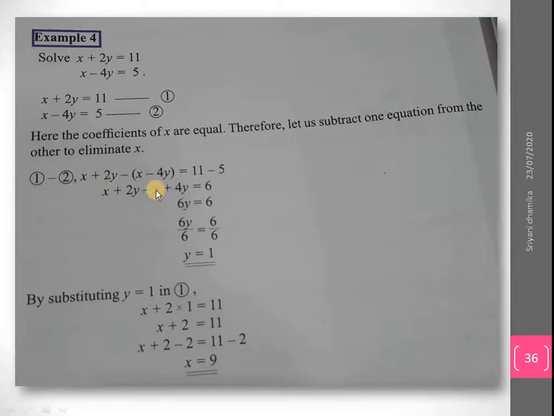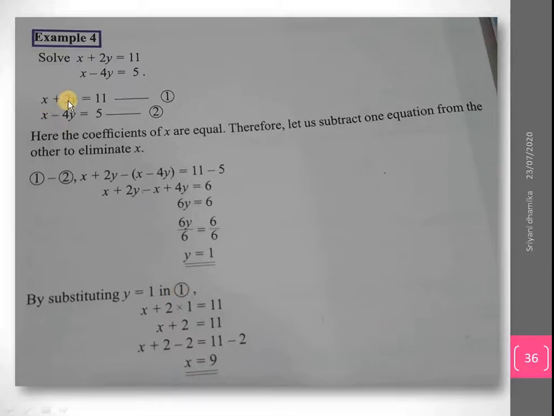Therefore, x is cancelled, eliminated. 2y plus 4y equals 6y equals 6. Now, dividing both sides by 6, we get the value of y equal 1. So, to find the value of x, substitute this value of y in the first equation.